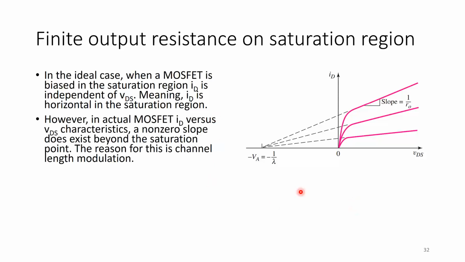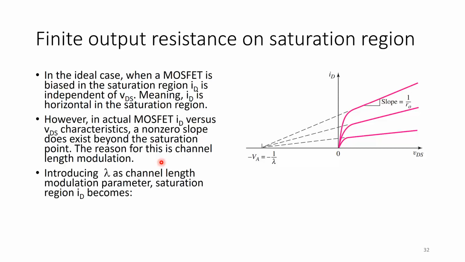However, in an actual MOSFET, especially when the length L becomes smaller and smaller with the scaling down of fabrication technology, you will find that the saturation region becomes steeper and steeper. So in actual MOSFET ID versus VDS characteristics, there is a non-zero slope beyond the saturation point, and the reason for this is channel length modulation.